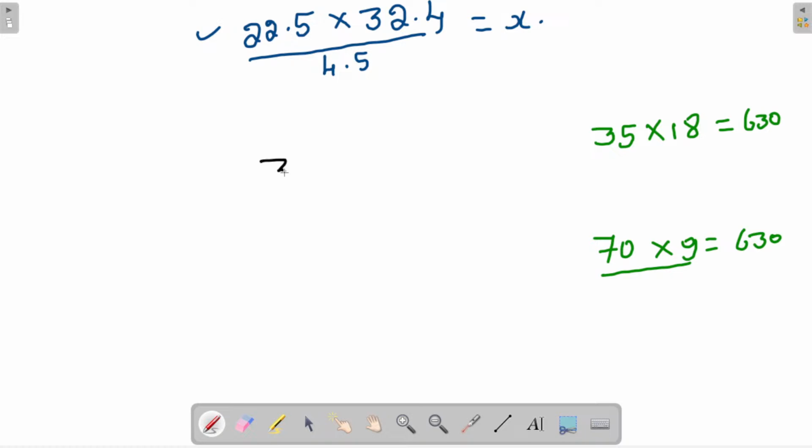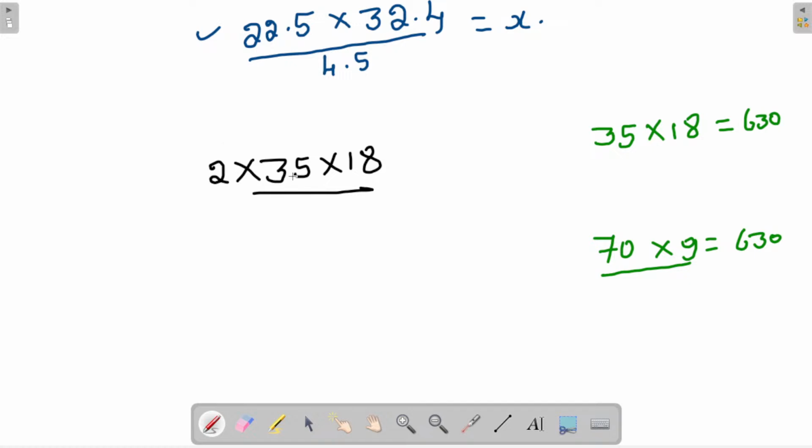See now the concept is 35 into 18. I don't want 5 in my calculation. 5 is my enemy always. Whenever I get 5, I don't want 5. I want zeros. I want to make this number 0, so can I multiply by 2?